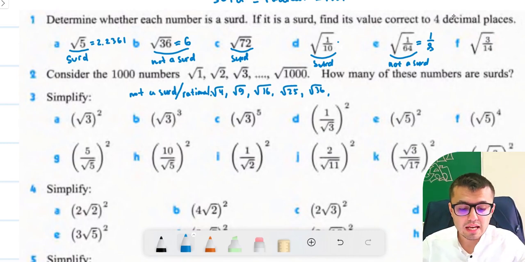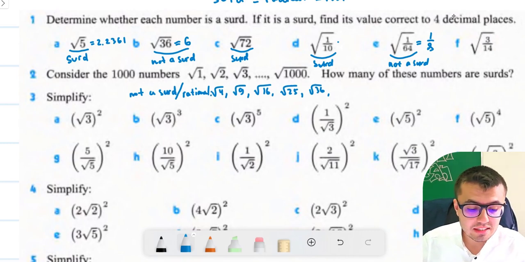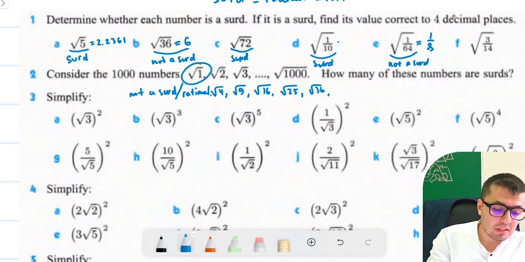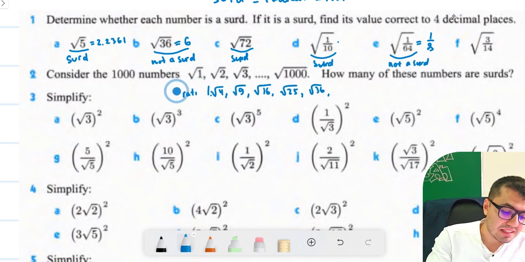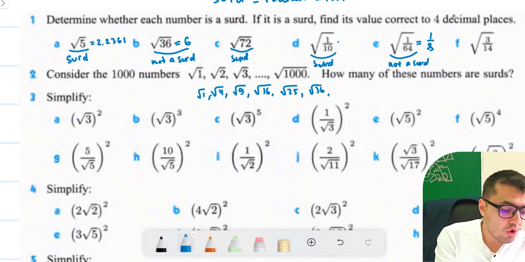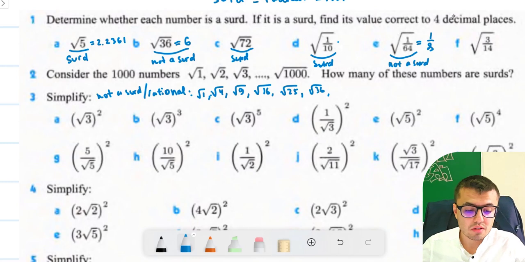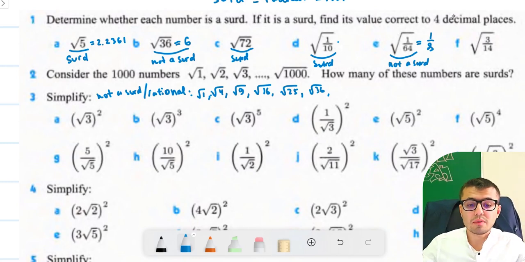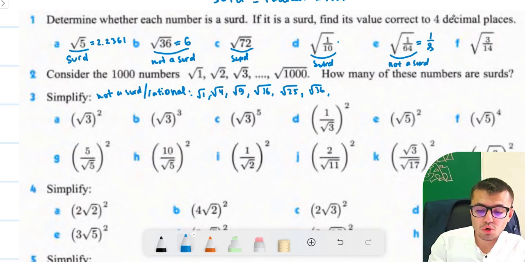Root 1 is not a surd either. They are normal rational numbers, 1, root 4, root 9, and so on.